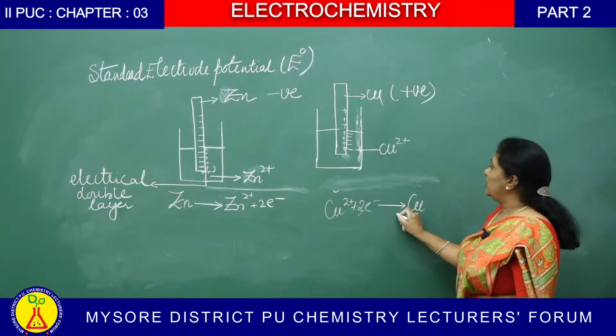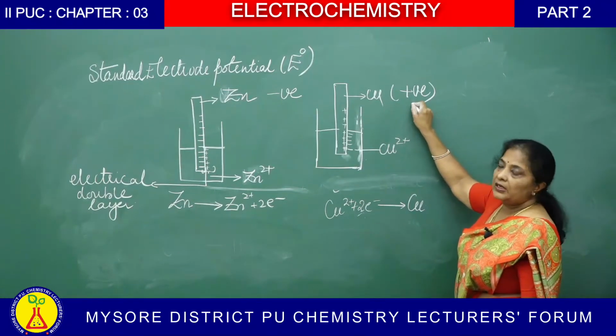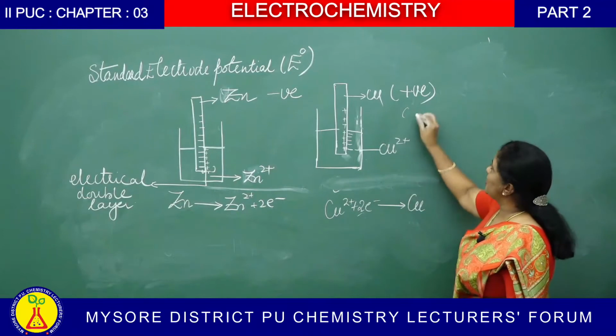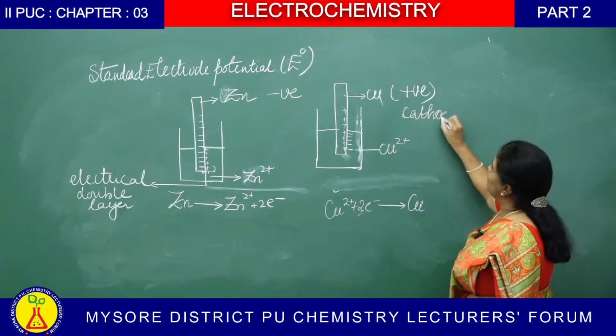So, copper is going to be the positive electrode, and since reduction is occurring here, this is going to be the cathode.